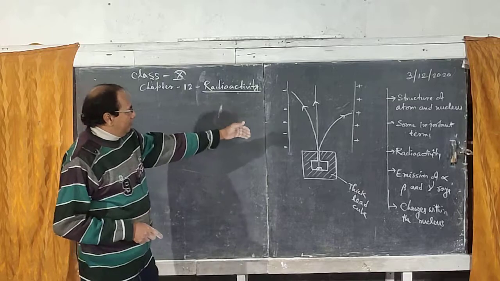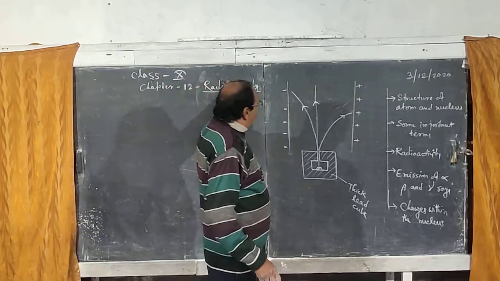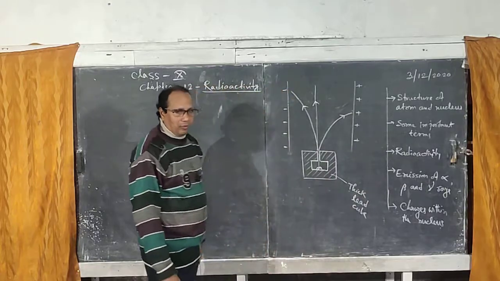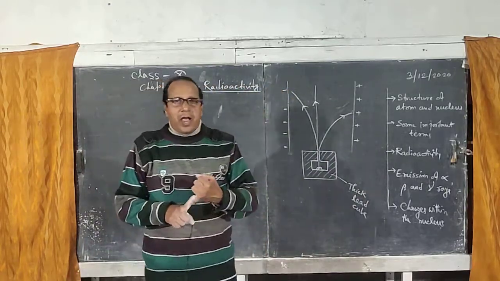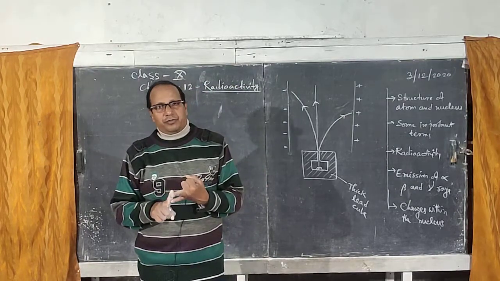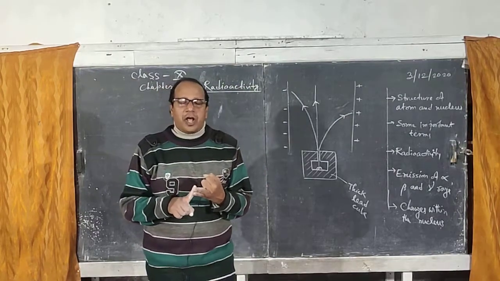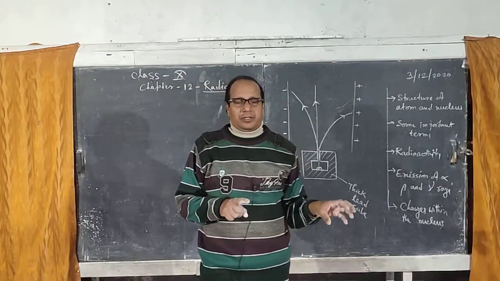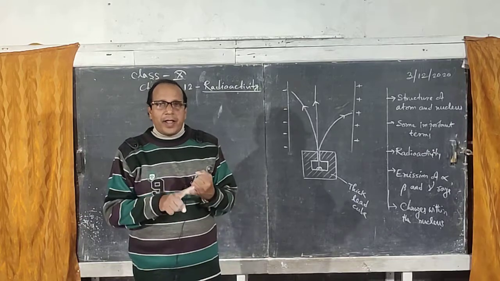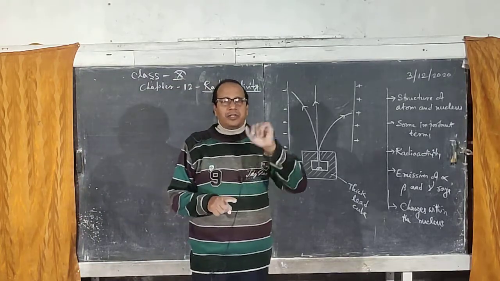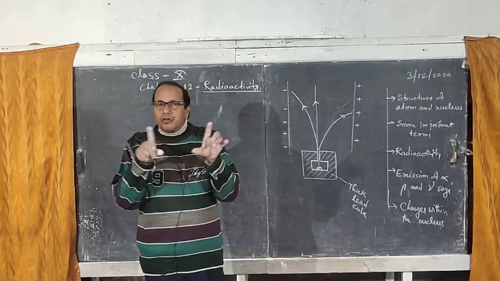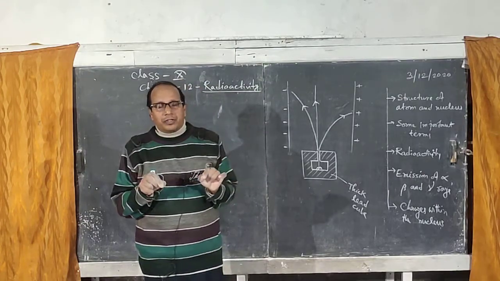Before we start the main portion of the chapter radioactivity, let me discuss the structure of the atom and nucleus. You know that an atom consists of three particles: protons, neutrons, electrons. Protons and neutrons are combinedly packed in the nucleus. They are called nucleons, right? Whereas electrons move all around the nucleus, and all the electrons do not move in a particular orbit.